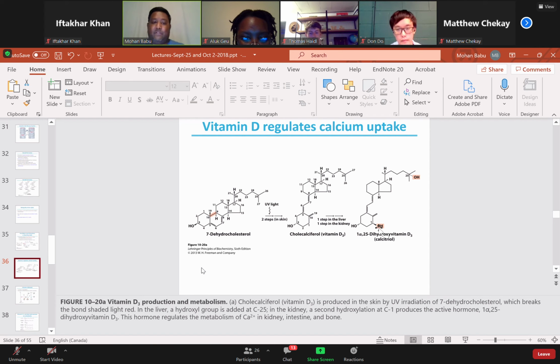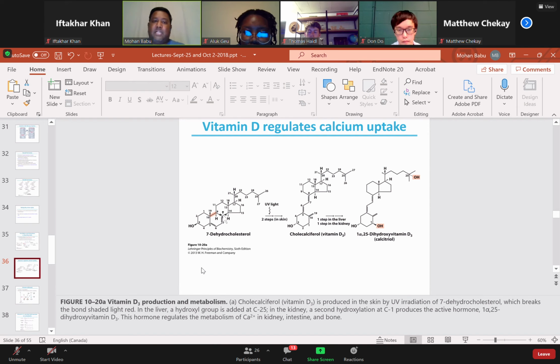The dihydroxy vitamin D, called calcitriol, is a hormone that regulates the metabolism of calcium in kidney, intestine, and bone.